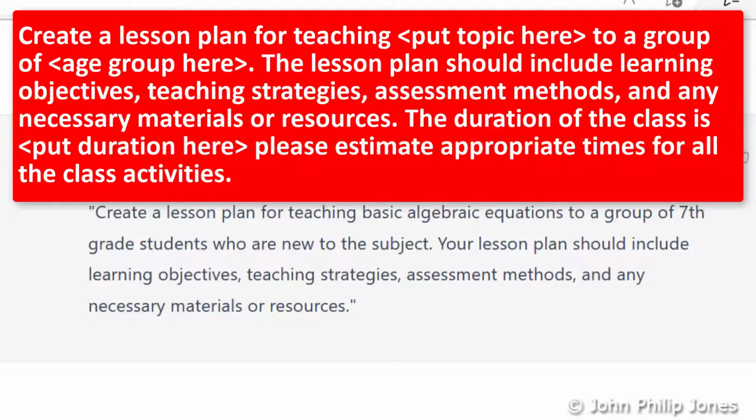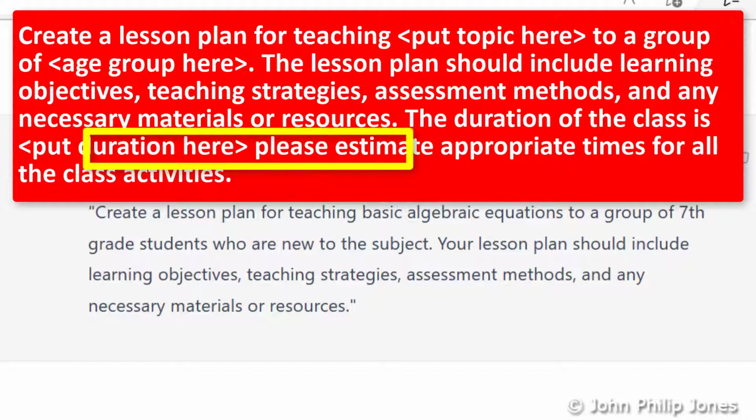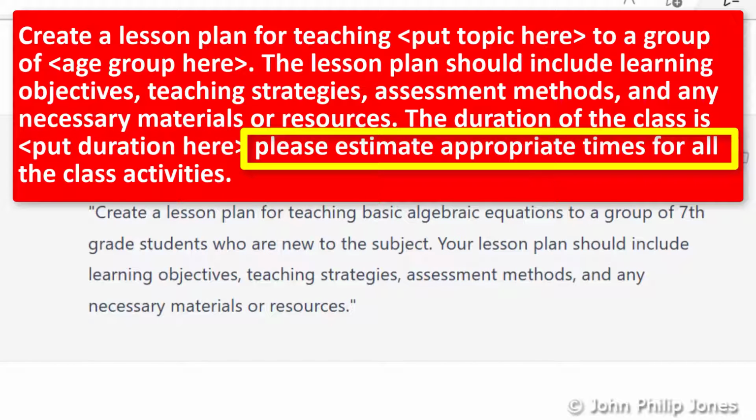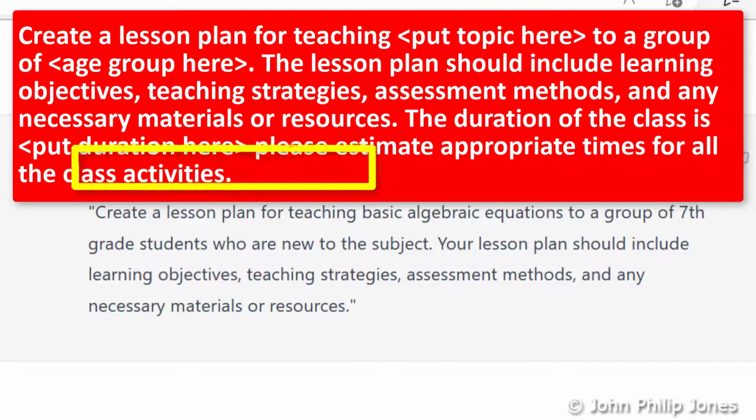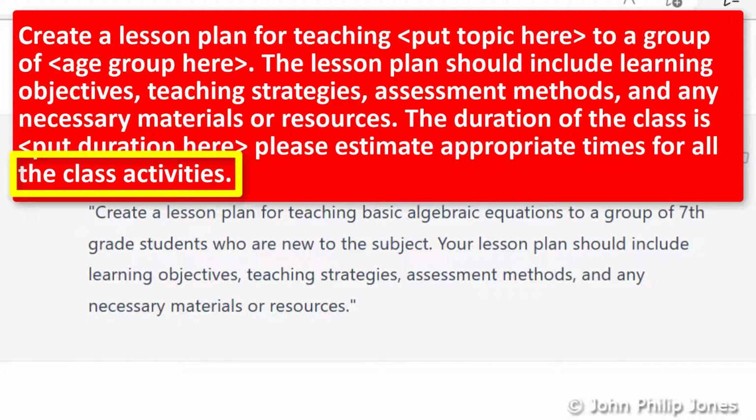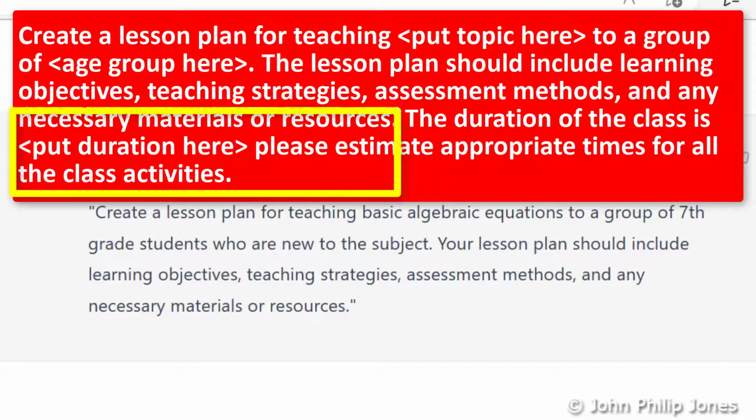I would also add the following. The duration of the class is, and I'd put the duration here, 30 minutes, 1 hour, whatever it is, and I would go on to say, please estimate appropriate times for all the class activities. So the prompt I would use is shown here.